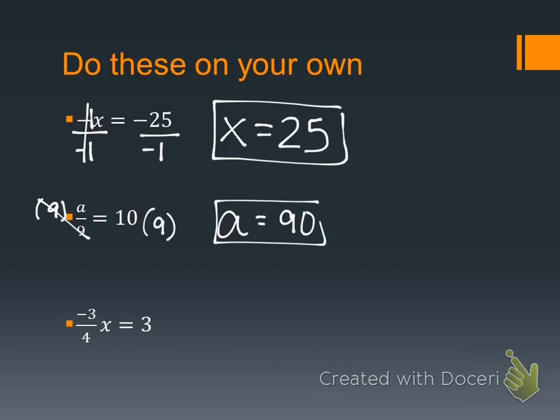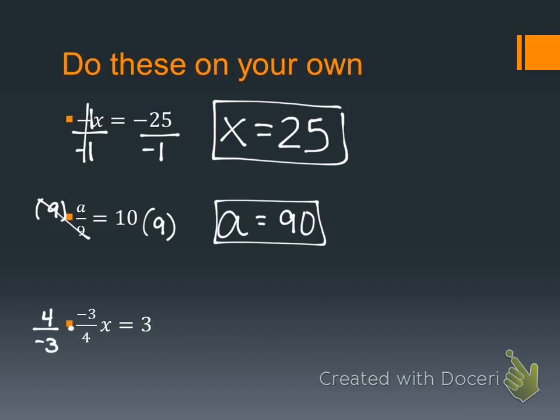Positive 90. Okay, and last but not least, Clay, what would I do here? You need to multiply negative 3 over 4 times 4 over negative 3. And what is that called? Reciprocal.